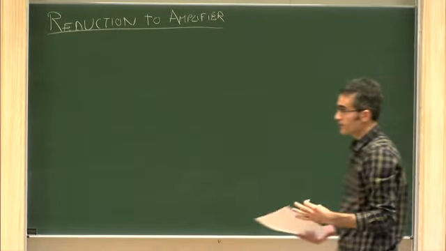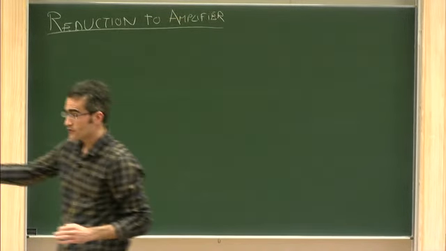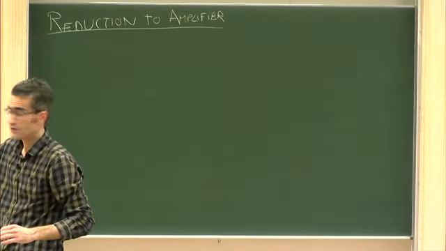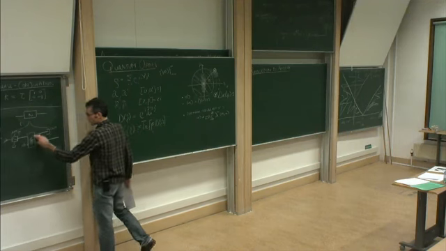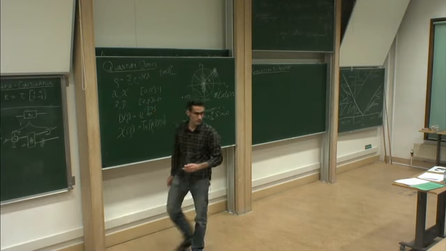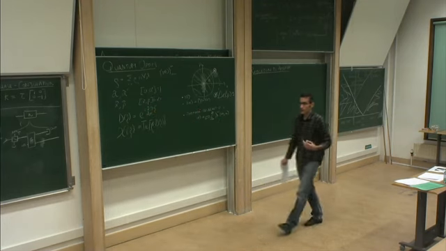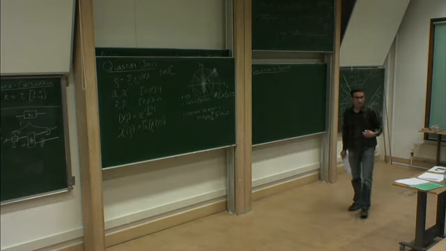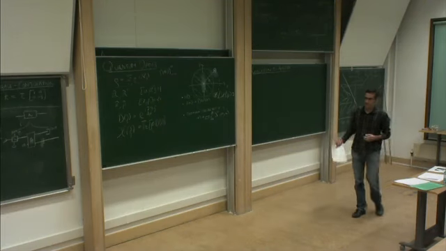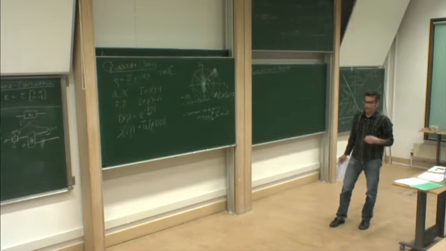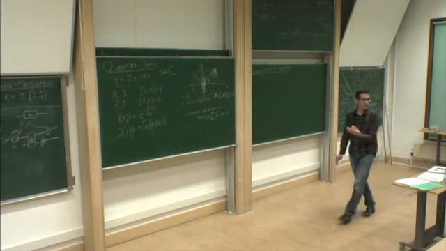So the key idea is this decomposition I presented before, that any channel can be decomposed into a pure loss channel and a quantum limited amplifier, and using also the property that vacuum is a fixed point of a pure loss channel.